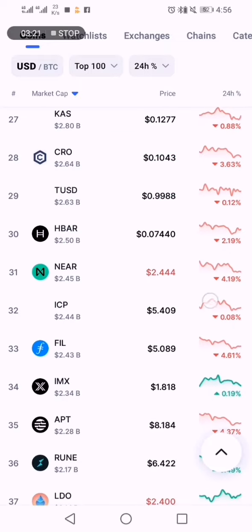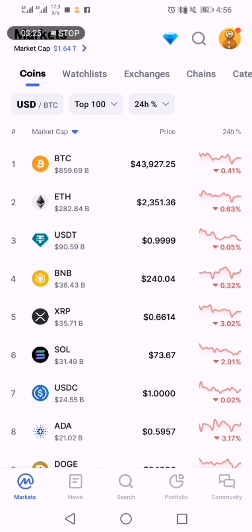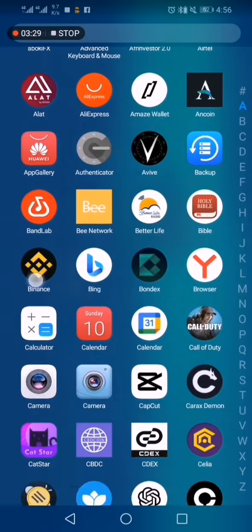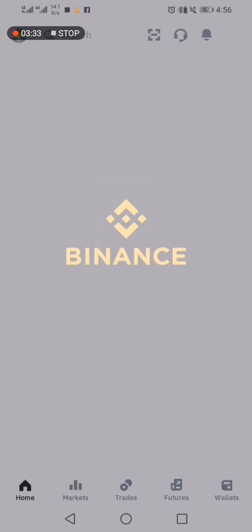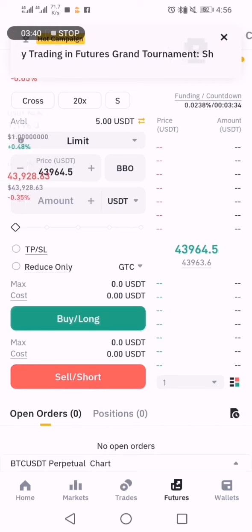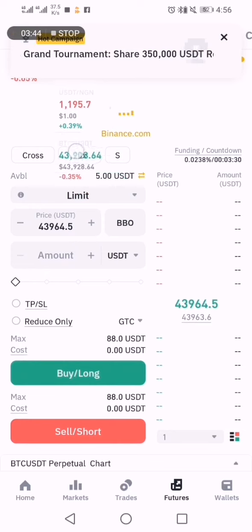Alright, I'm opening my Binance app. Okay, here we are. Let's go to futures. Okay, first things first, let's clear my trading environment.